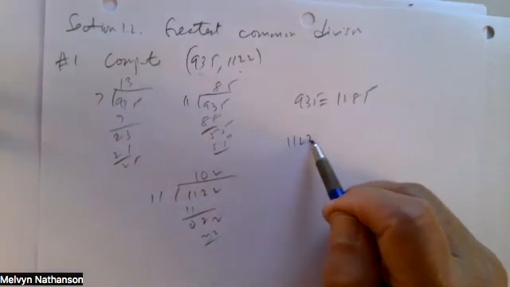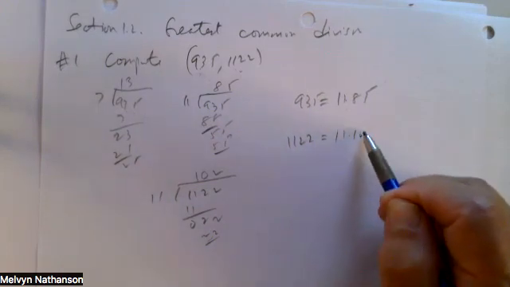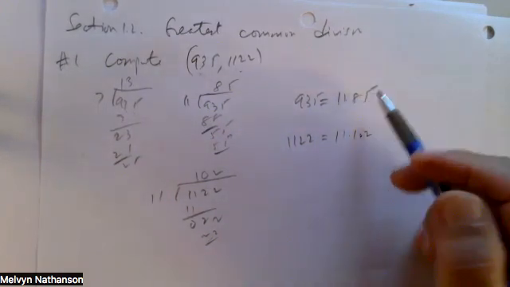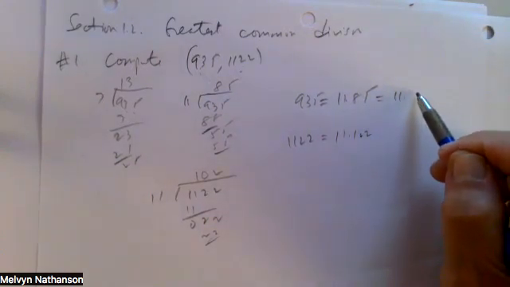So 1122 is 11 times 102. 85 is small enough that I can factor it. 85 is 17 times 5.